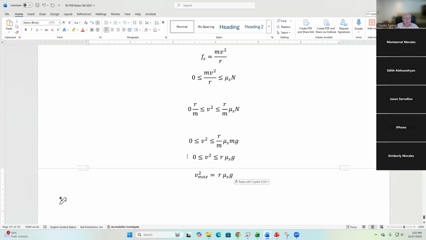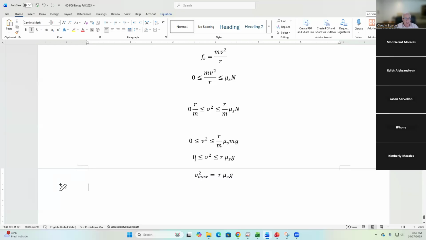Here is going to be the minimum, and the minimum value of the velocity is going to be 0. But it doesn't help us solve the problem. We don't want the minimum velocity. We want the maximum velocity, so we don't need that.